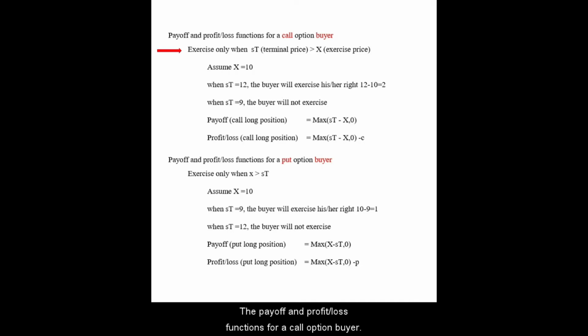Payoff and the profit loss function for a call option buyer. We have 2 prices. One is called ST, is terminal price. Another is X, called exercise price. Recall, for a call option buyer, his or her right is to pay this X to purchase a share.